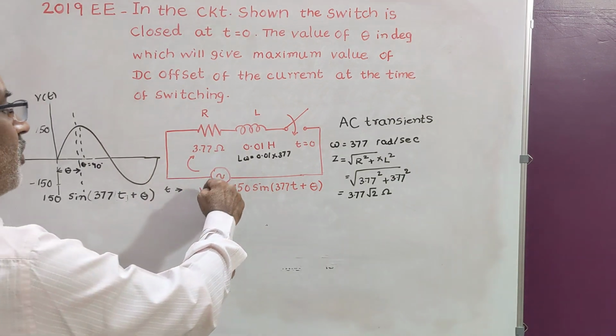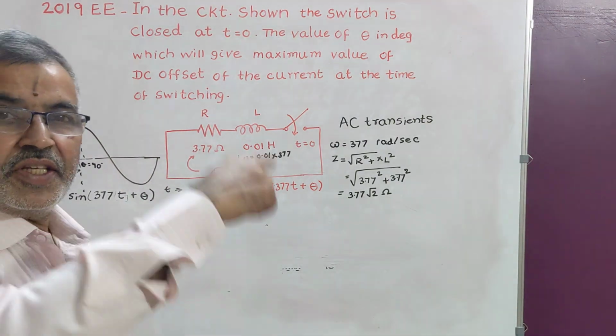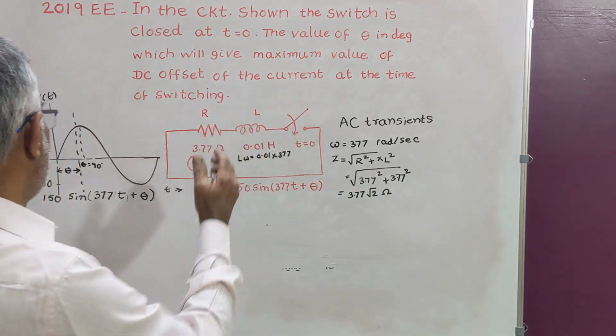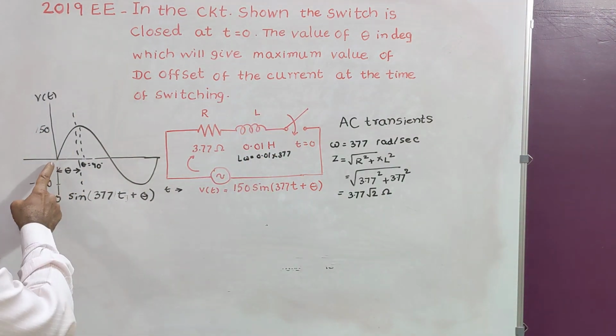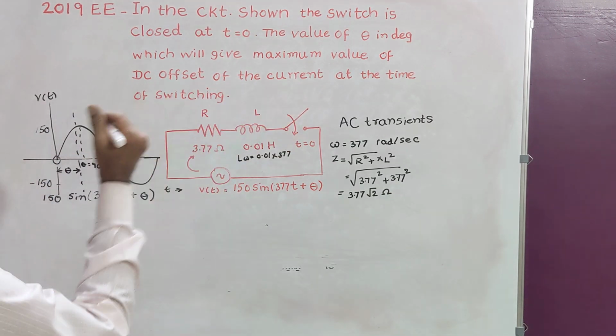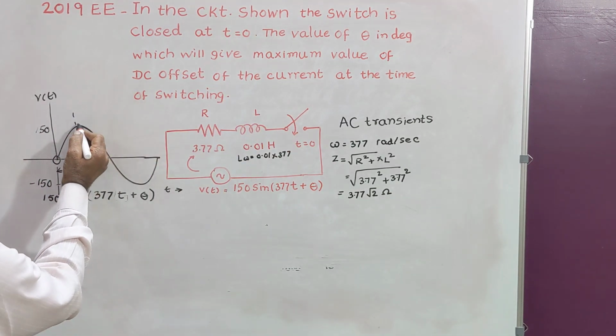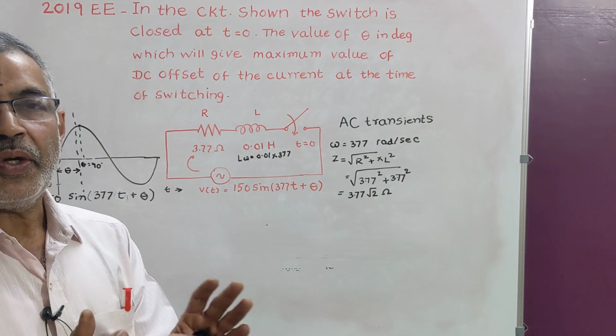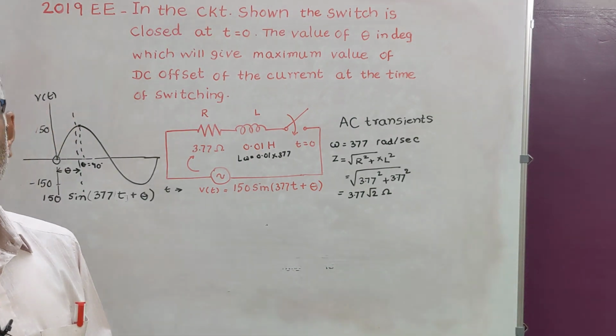This voltage is continuously changing, so you may close the switch while the voltage is passing through here, or you may close the switch arbitrarily when it is passing through the maximum value. That is going to have influence on the transient response.